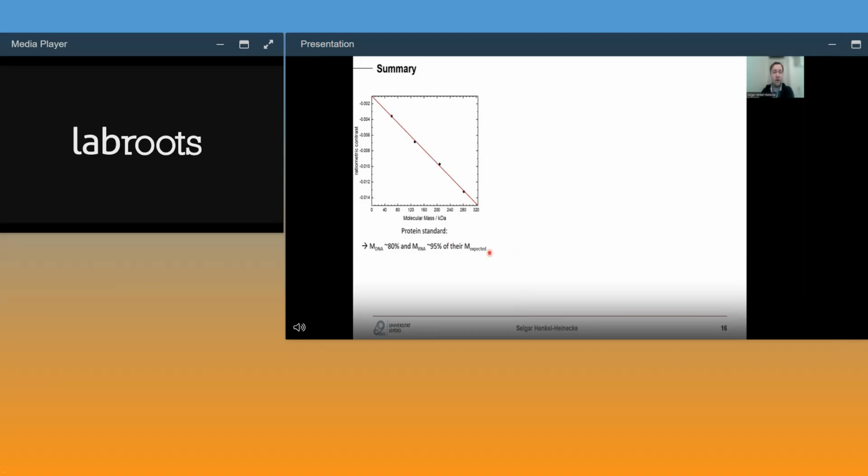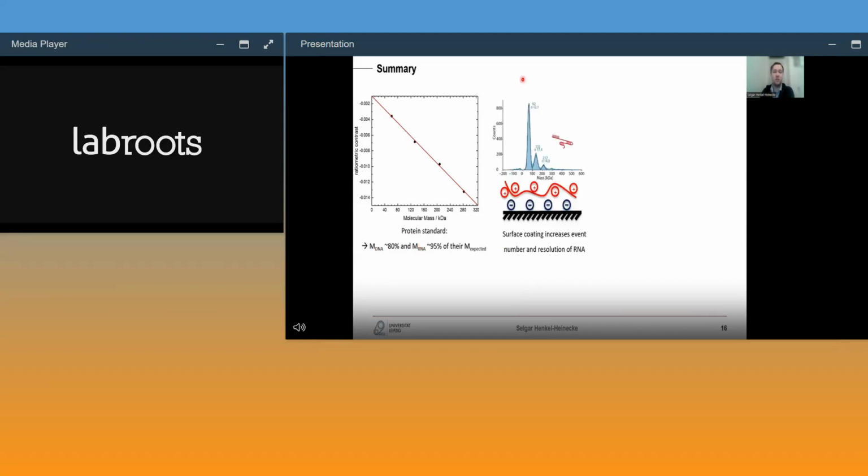However you calibrate the whole system, for example with protein, nucleic acids appear with slightly different masses. In my case here, DNA appears with about 80% of the calculated mass, and RNA with about 95% of the expected or calculated mass.